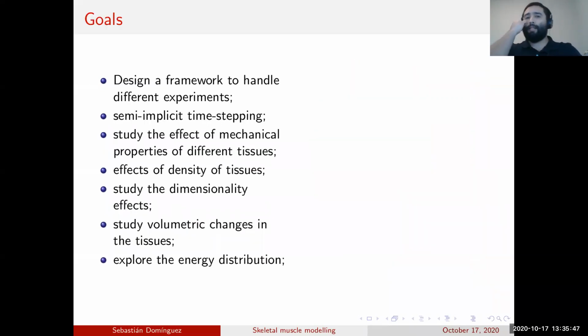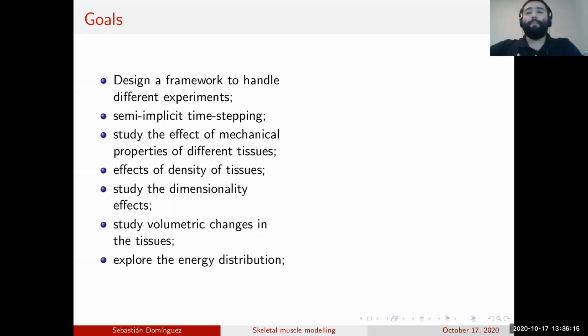So I'll start with the goals of this project. When I started, the main idea was to design a numerical framework in which we could implement many of the experiments that people do in the lab, but on the computer. One of them, for example, is to use MRI data within the code and then run several experiments on that.